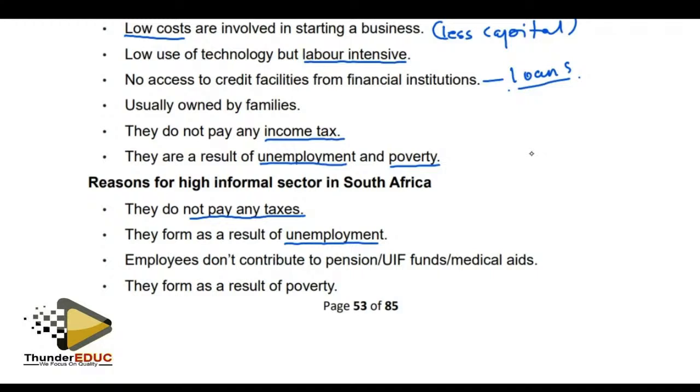They form due to poverty. As we know, many people are unemployed, living in poverty, food insecure. Therefore, they go for such informal businesses or activities to reduce their levels of poverty.